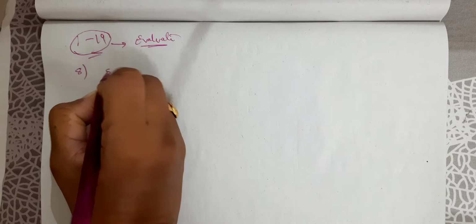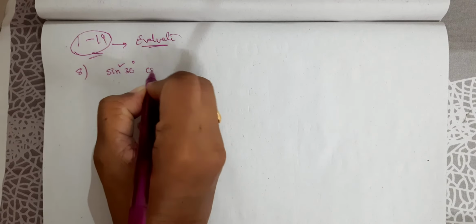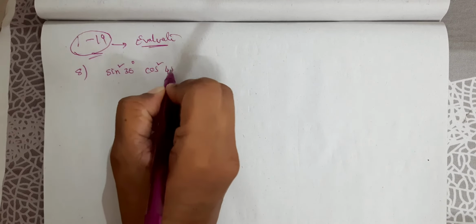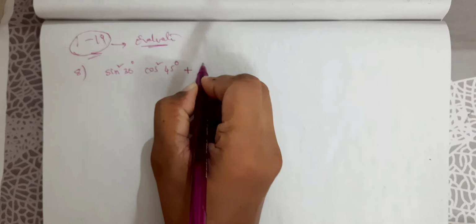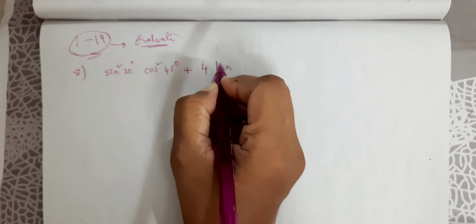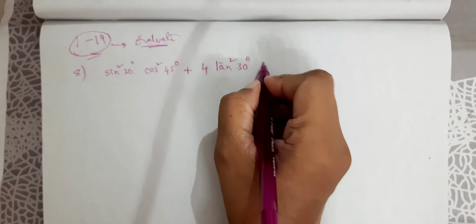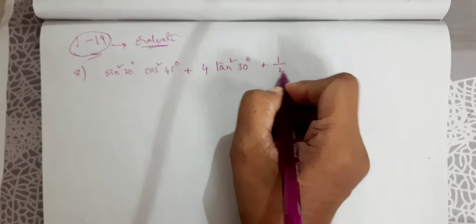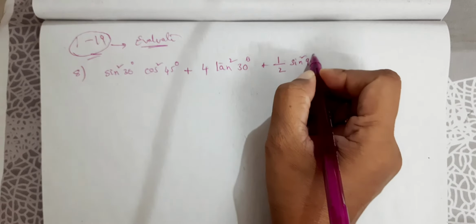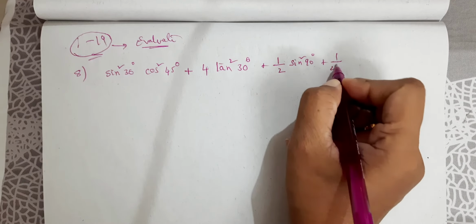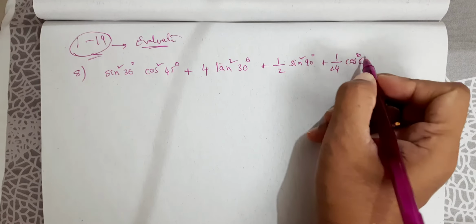So the question asked here is sine square 30 degrees into cos square 45 degrees plus 4 times tan square 30 degrees plus 1 by 2 times sine square 90 degrees plus 1 by 24 times cos square 0.